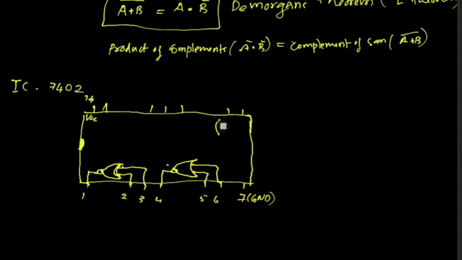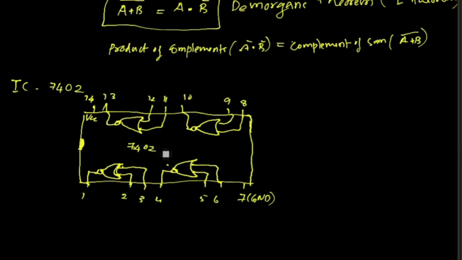And for the next gate, 8 and 9 are the inputs and 10 is the output. And 11 and 12 are the inputs of the last gate and 13 is the output.